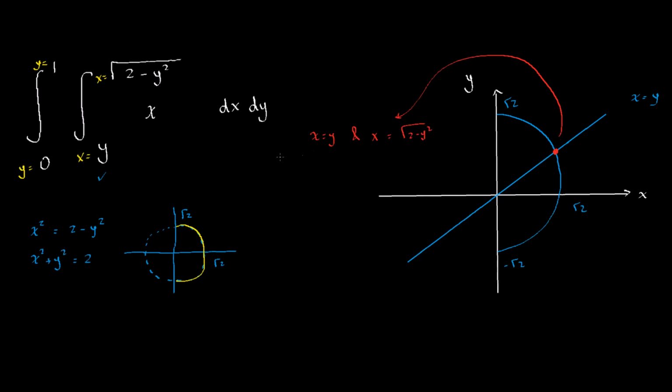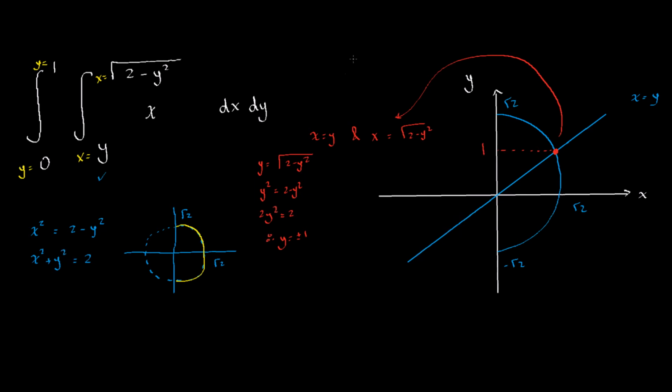I'm going to substitute x with y, so I have y is equal to the square root of 2 minus y squared. I'm going to square both sides. I get y squared is equal to 2 minus y squared. I get 2y squared is equal to 2. Therefore, y is equal to positive or negative 1. Of course, here y is equal to 1. Y equal to negative 1 will be on the other side here.